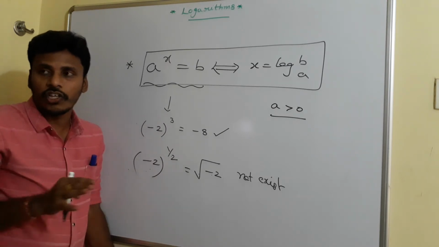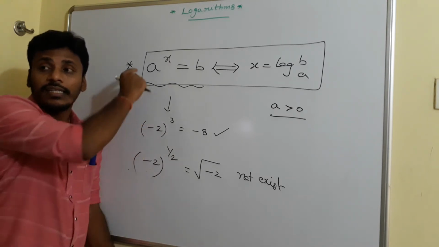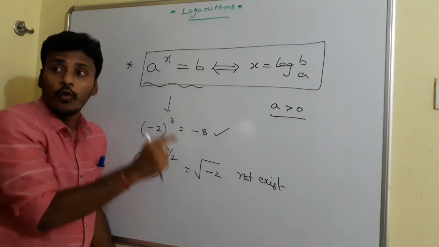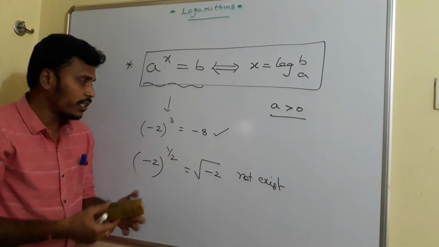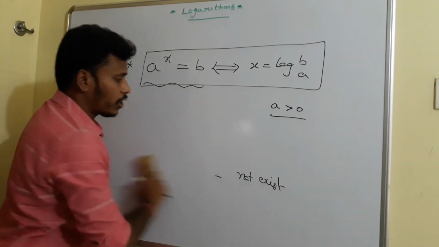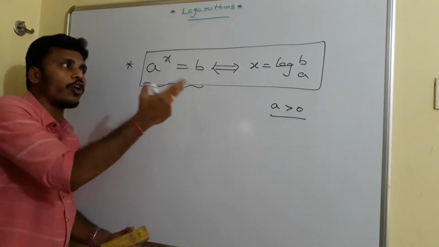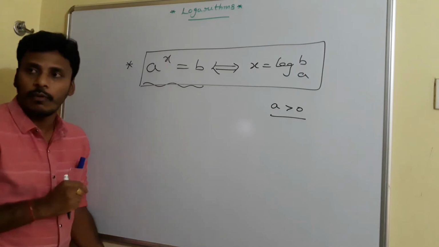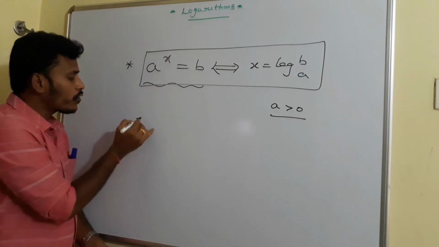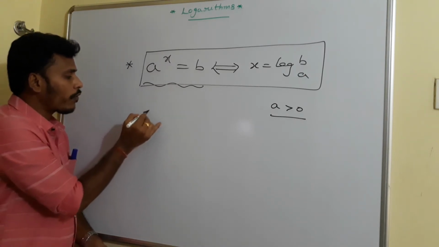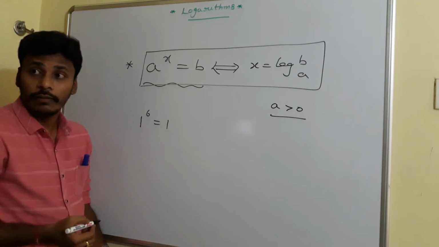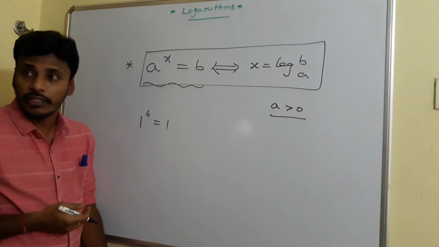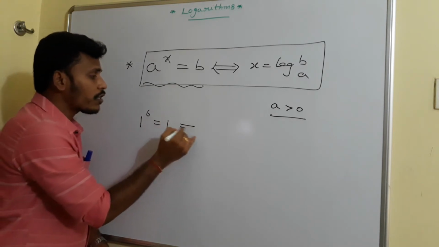So to avoid such problems, this conversion is possible only if a is positive. This is the basic conversion: a power x is equal to b if and only if x is equal to logarithm of b base a. Suppose 1 to the power of 6 is equal to 1, right? Surely it is right, because 1 multiplied 6 times is 1.